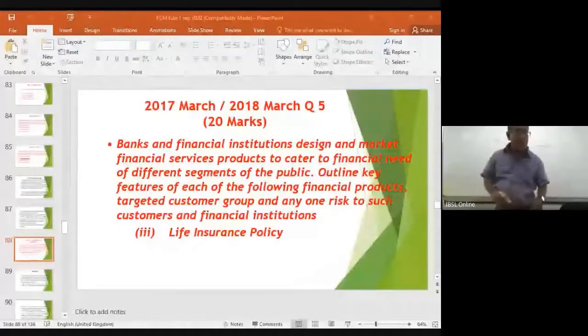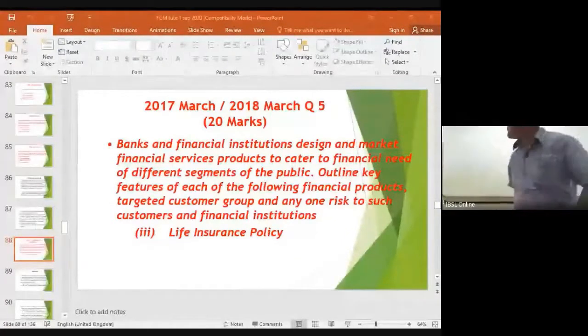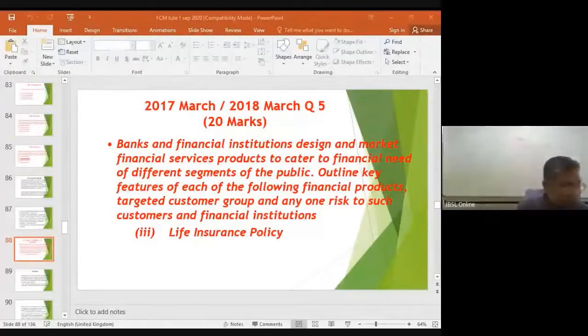First we look at the customer. What benefits are they going to get? As a policy holder, you are protecting yourself or your dependents if something happens to you in your life, or you are permanently disabled, or you have a critical illness. The amount we have agreed upon is paid, so they have some benefit. That's the first benefit.